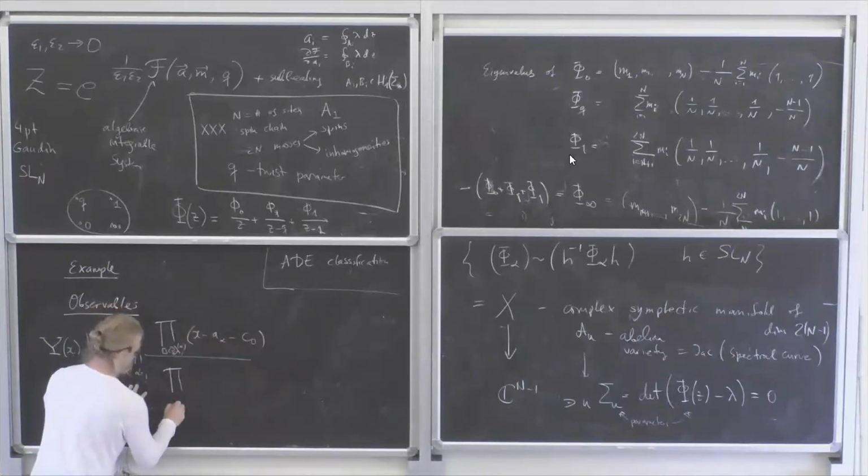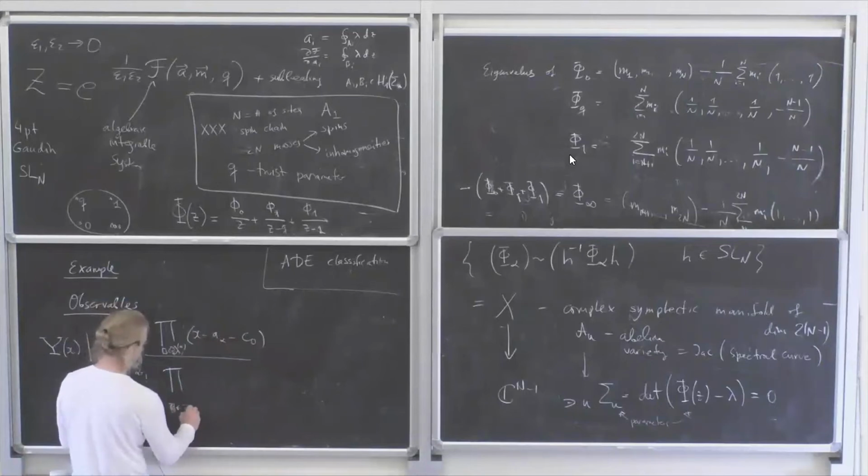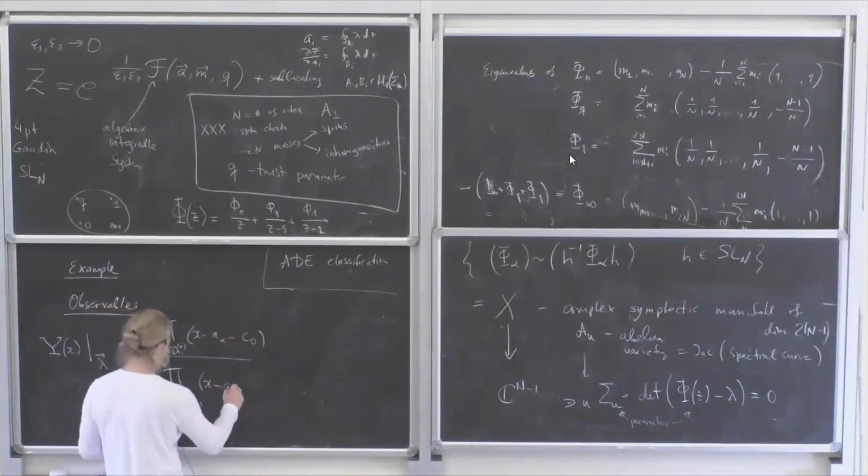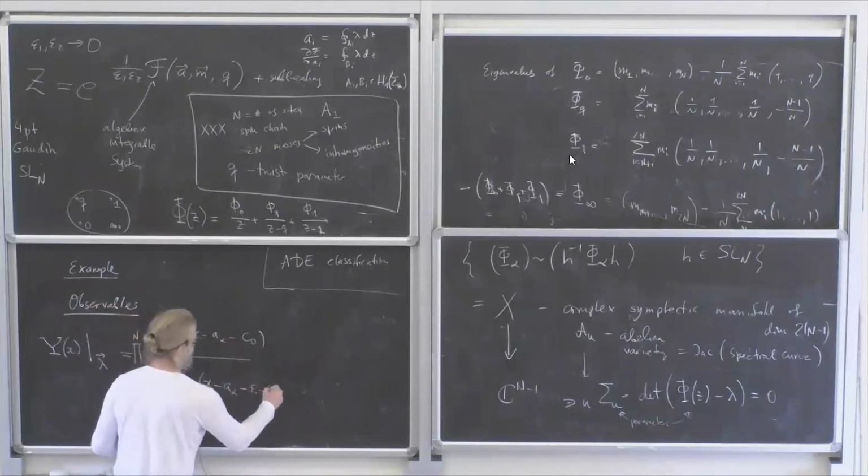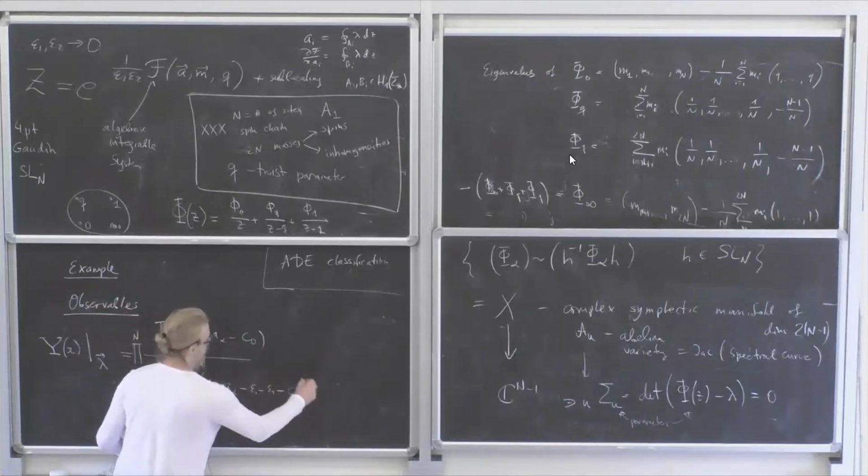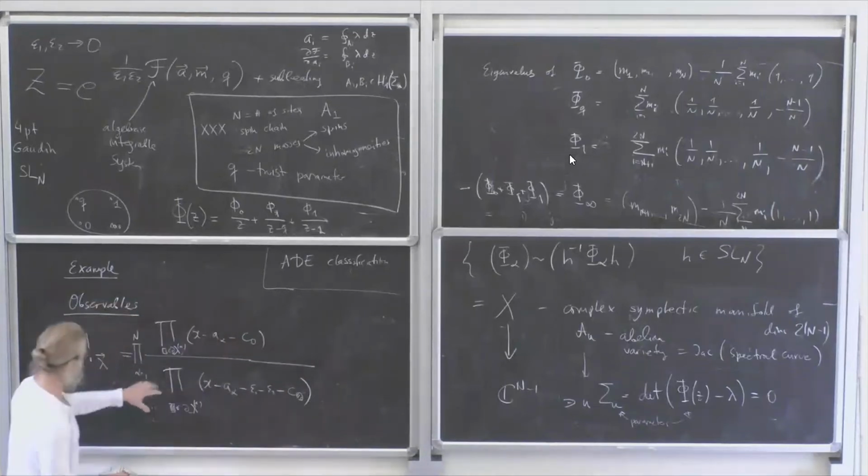So it's a rational function of x of degree n, whose positions of poles and zeros depend on the geometry of Young diagrams.